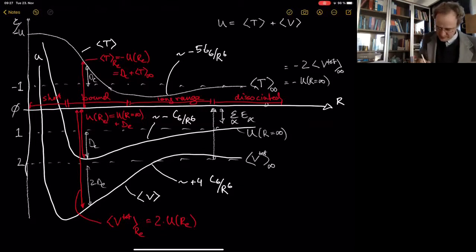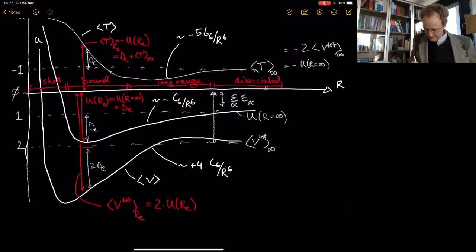We also note that the difference from the free limit, so the free atom limit, corresponds to 2 times the dissociation limit.